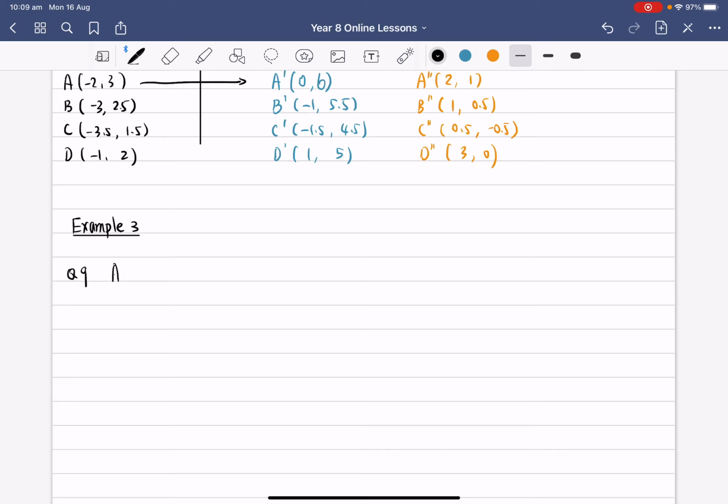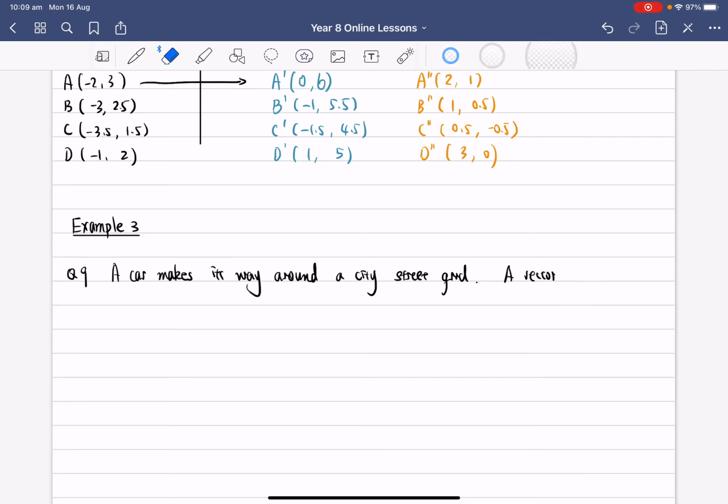So it says a car makes its way around the city, straight grid. A vector 2 and 3 representing traveling 200 meters east and 300 meters north.